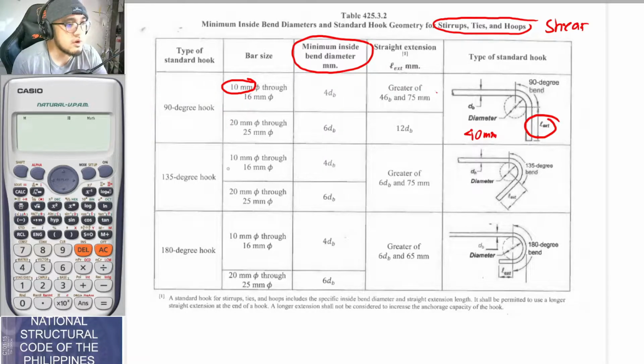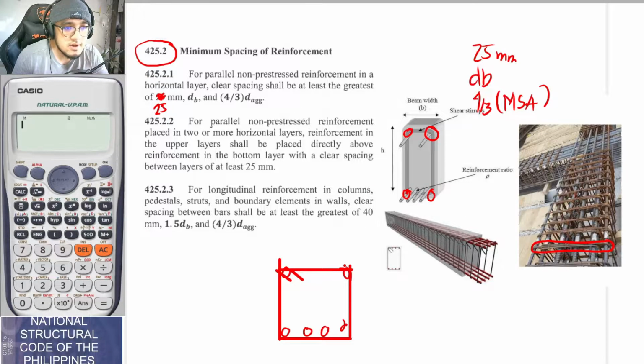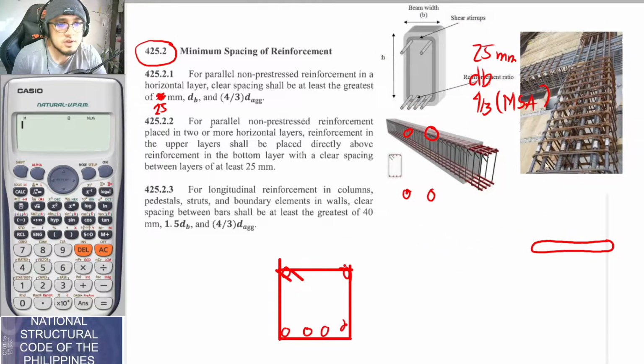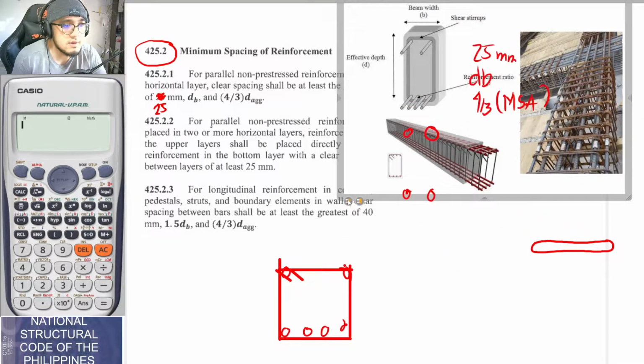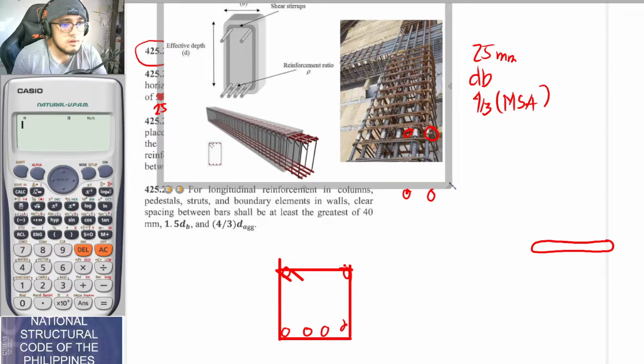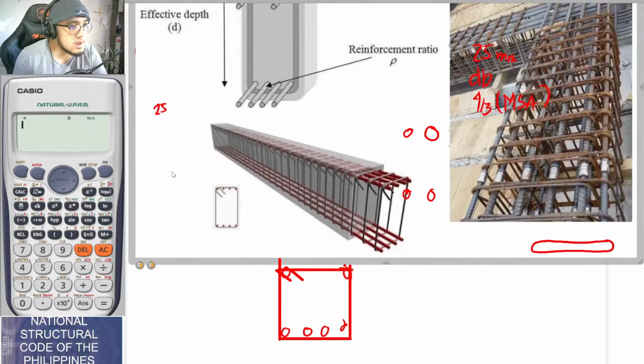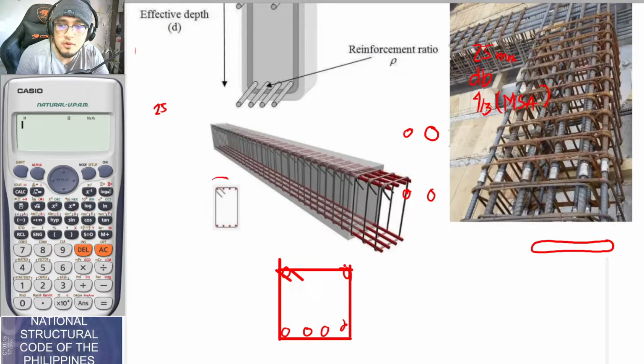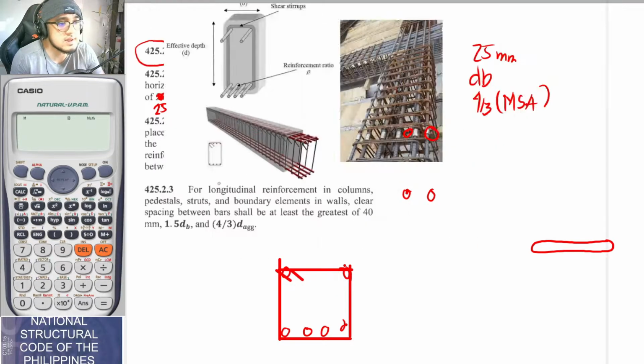But what about for your 135-degree hook? In this case, guys, as you can see, this image here, I would just be increasing the image size. So as you can see at this part, we have hooks here. So meron tayong hook dito, and these hooks are 135 degrees.